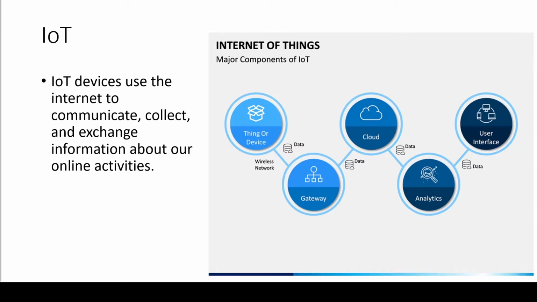This is where artificial intelligence can take part in decision making, to make the analytics part more intelligent, and then of course the things or the device can be interfaced by the user.